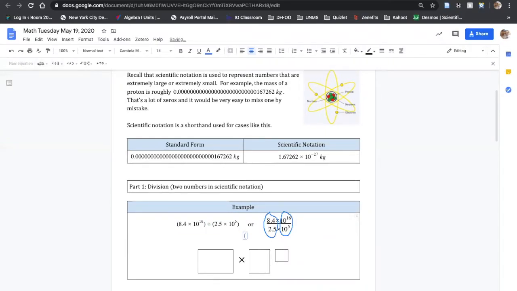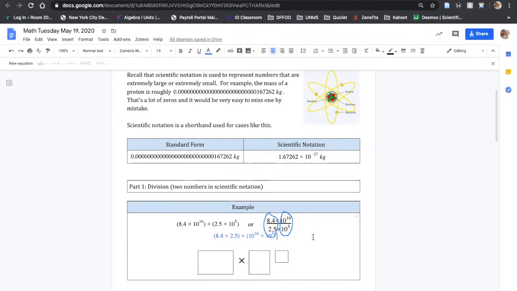All right, so let me just write that out using a division sign instead. So first taking the numbers, I got 8.4 divided by 2.5. And then I'm going to multiply that by what I get from my scientific notation part, the 10 to the 16th divided by 10 to the 5th. All right.